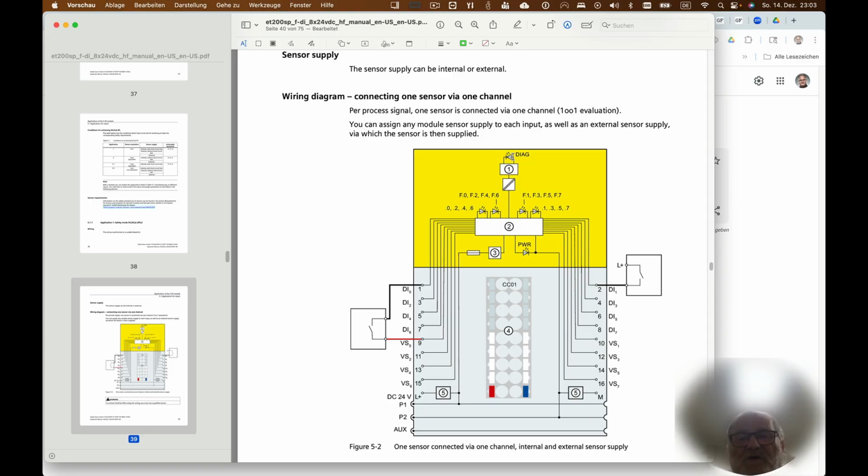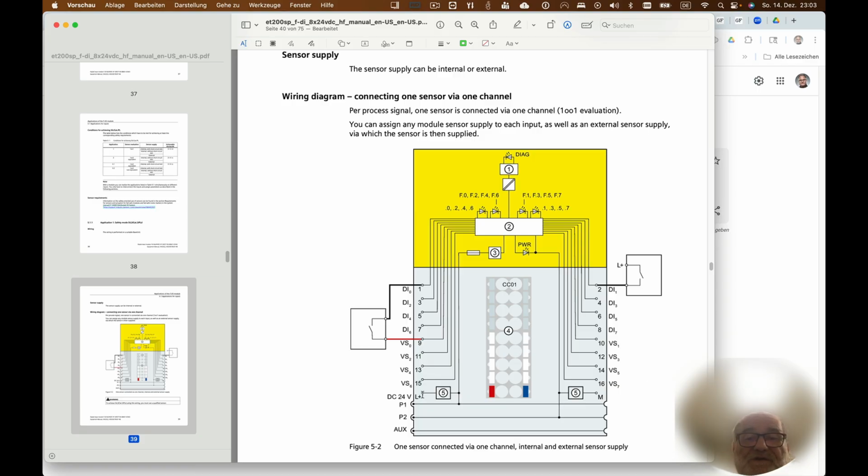I only have safe modules, so I use it just for the reset or the reintegration. And you can see you have two ways to do that: the sensor supply selection here, and the external supply selection here, where you only apply 24 volts.